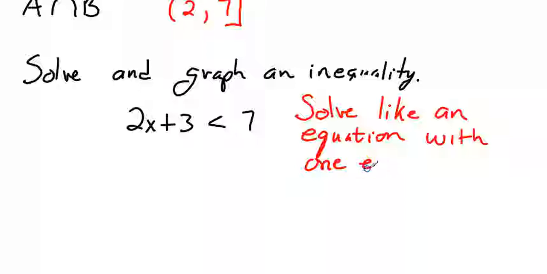There's only one exception where you do something different with an inequality that you wouldn't do with an equation: when you multiply or divide both sides by a negative number, you've got to flip your inequality sign.